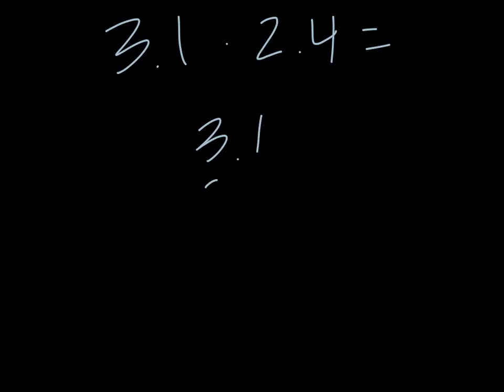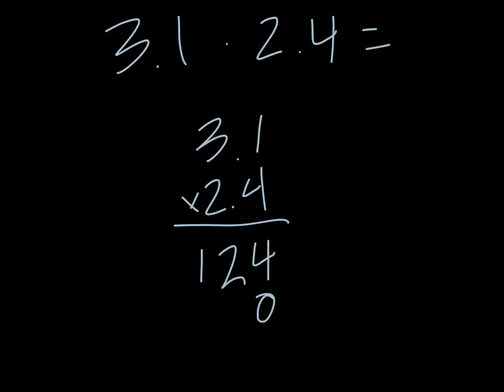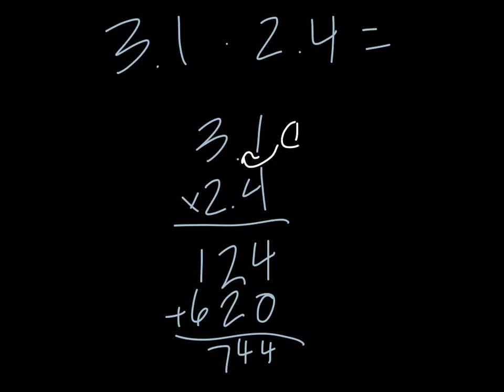Now to multiply decimals, if we did 3.1 times 2.4, we would line up the last number and we would multiply like normal. 4 times 1 is 4, 4 times 3 is 12, put a 0. 2 times 1 is 2, 3 times 2 is 6, and then we add, so we get 4, 4, 7, and then since we have 1 decimal place here and 1 decimal place here, that's 2 total.